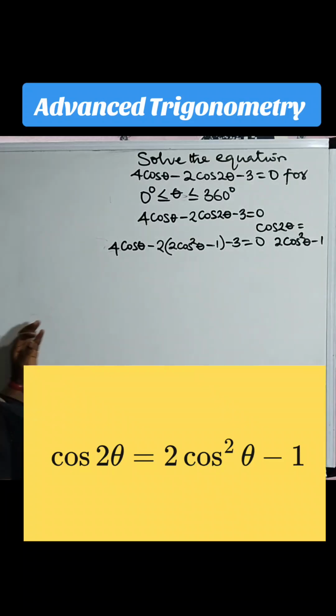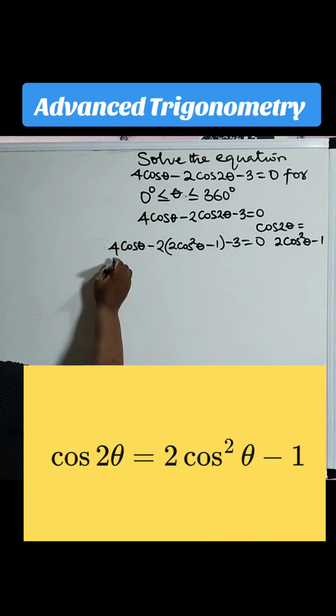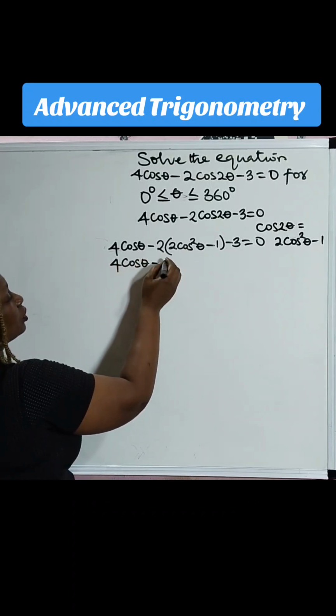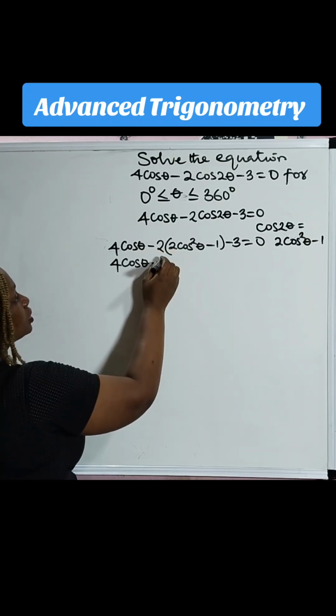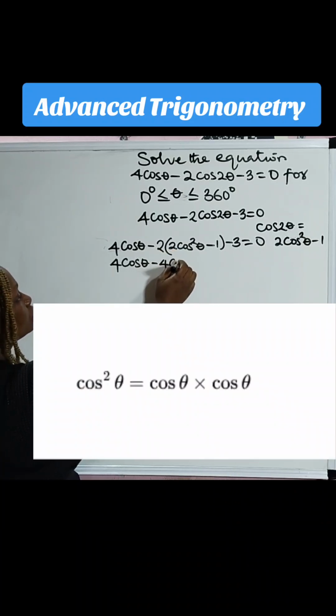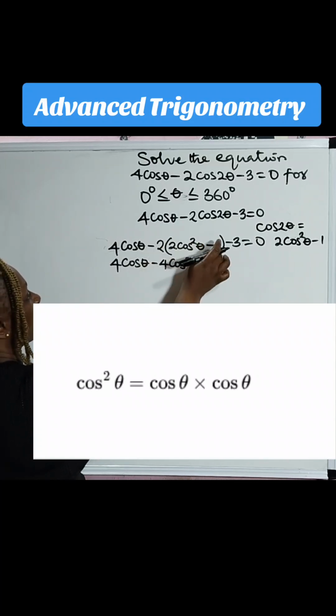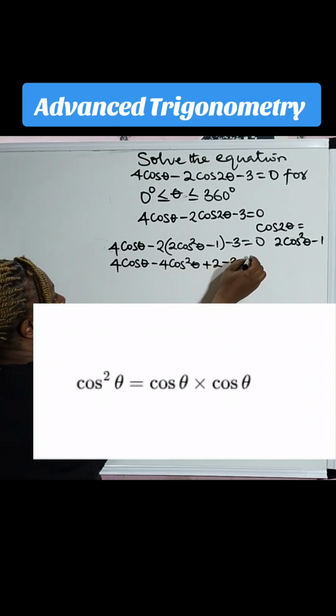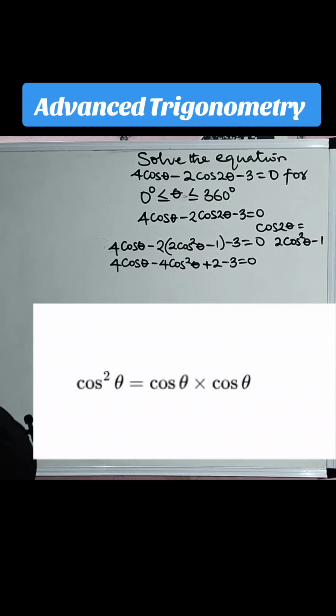Now let's open this bracket. We have 4 cos theta minus 2 times 2 cos square theta, we have 4 cos square theta, minus times minus will be plus. 2 times 1 will give us what? 2, minus 3 is equal to 0.